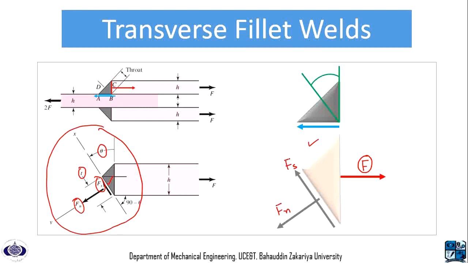To convert Fs and Fn to F, we need to use our knowledge of summation of vectors.